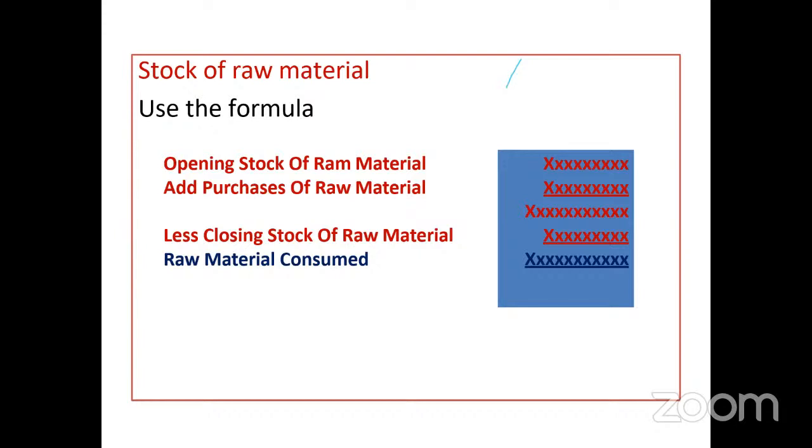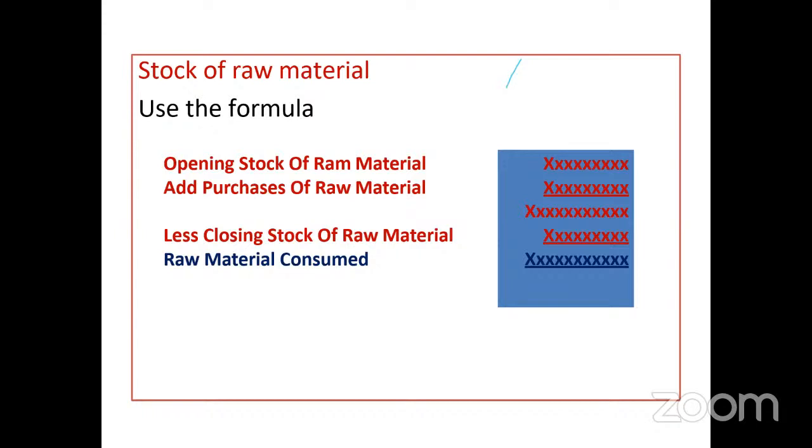The raw material which is available at the beginning. What is closing stock? The raw material which is left at the end of the production. During the period, what is the amount we have already bought? Purchases. So opening stock plus purchases less closing stock gives raw materials consumed.